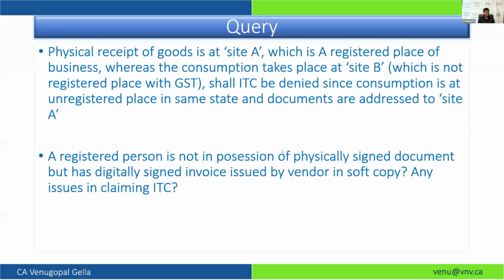And in terms of the receipt of goods, the constructive receipt is also deemed as a receipt. If instead of receiving at my registered premises, the goods are received in some other premises, which could be a bill to ship to location, as long as the transaction is a genuine transaction, input tax credit would be available.